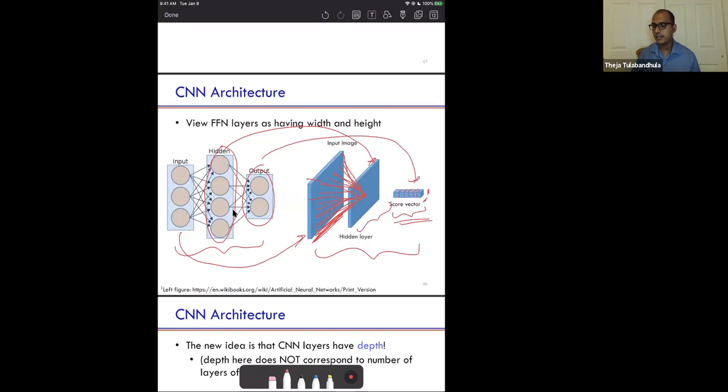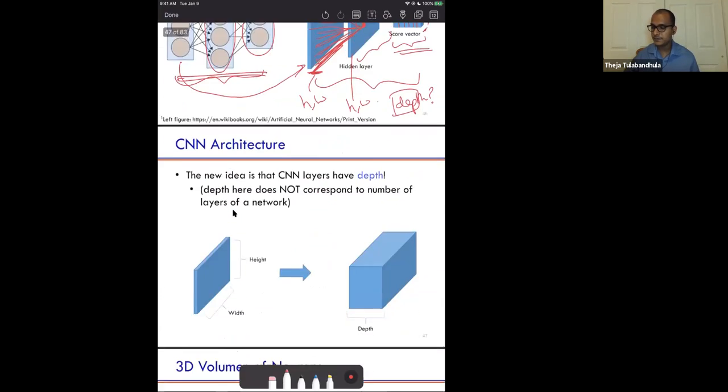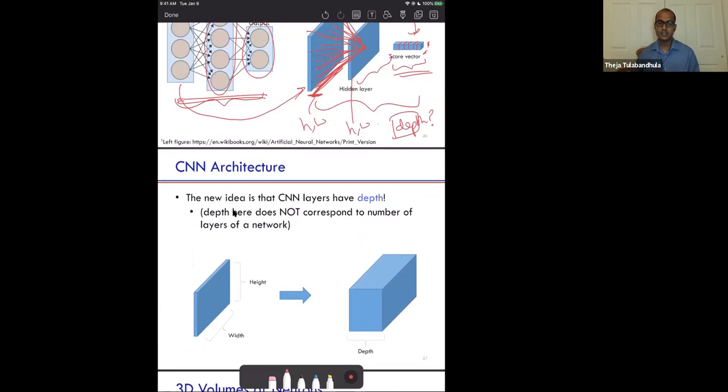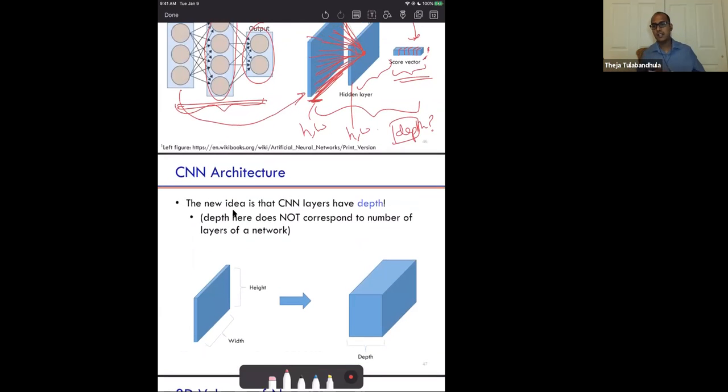All I'm saying is this two-layer feedforward network can be arranged as if it has a height and width, and even the hidden layer has a height and width. Okay. But still, there's this question of depth. So the height and width aspect is not new. Whether a feedforward network is represented with just height or height and width, it's fine.